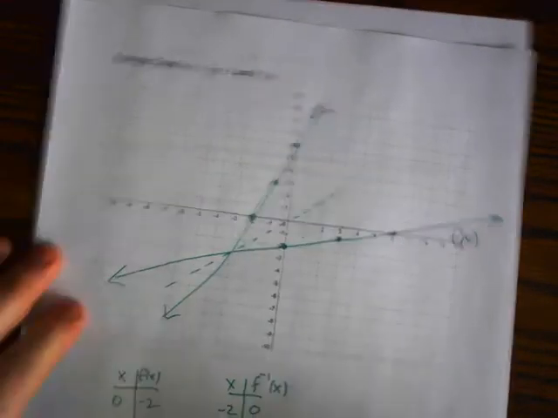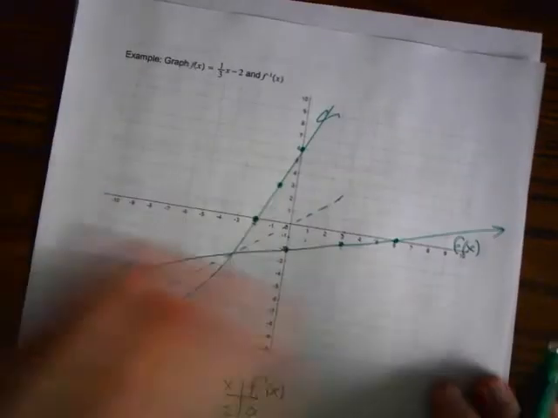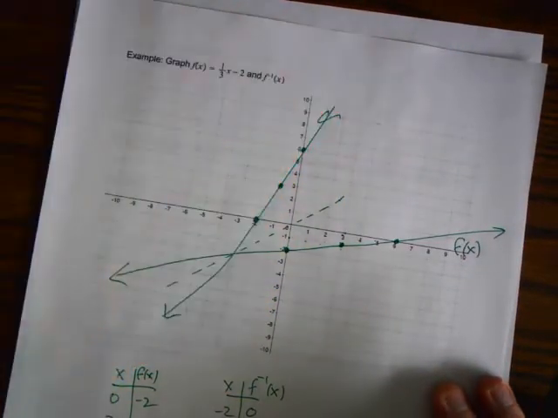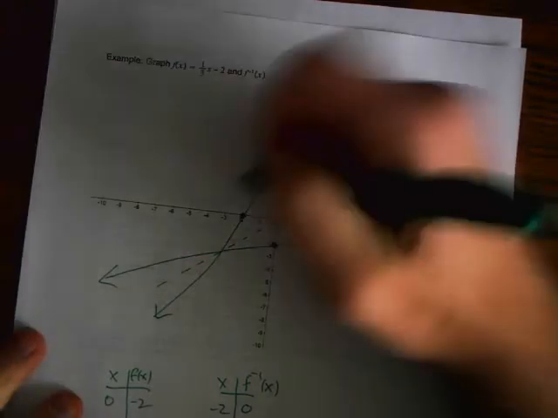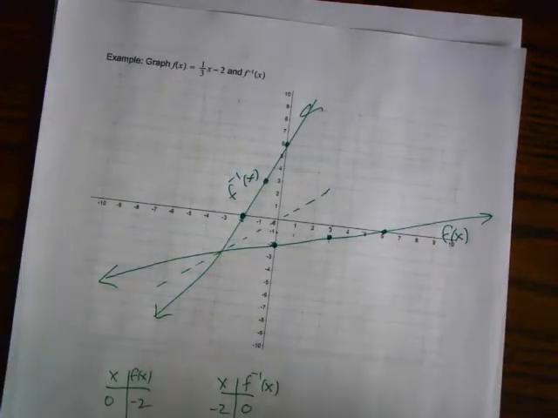What should happen is, if I could cut my paper along this line and fold it over, this graph would fold over and become that graph. And that's what we mean by f inverse is a reflection over y equals x.